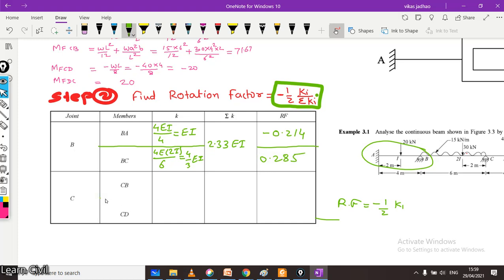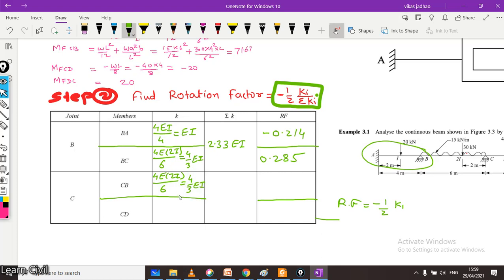Similarly for joint C, we'll be calculating the stiffness. So stiffness for CB will again be equal to 4 EI by L. We should keep in mind here the value of I is twice I, so 4 EI divided by L, where L is equal to 6 meters, so this will again be 4 by 3 EI.